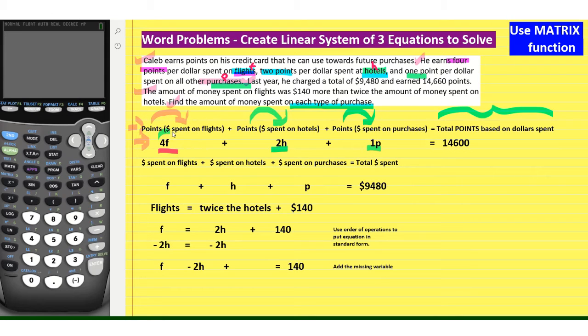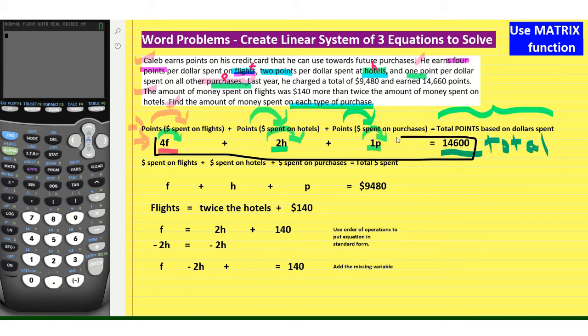So it's 4 points times the purchases of flights, 2 points times the purchases of hotels, and 1 point times the purchases for other things. And that, of course, is going to give me this total amount of points that he will earn based on the point value for each of those purchases. So that right there is the first equation that we are going to use at the end in our matrices. And if you notice, they are lined up. We've got F, H, P, and a constant.